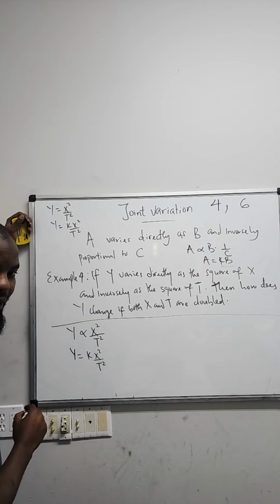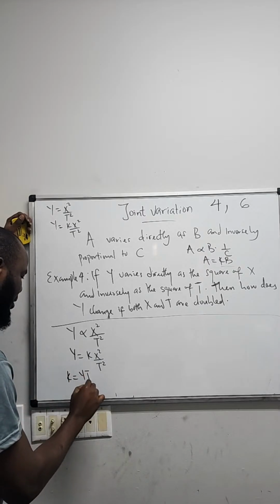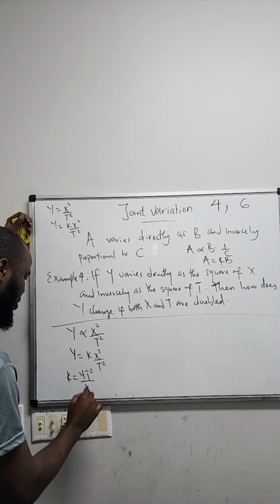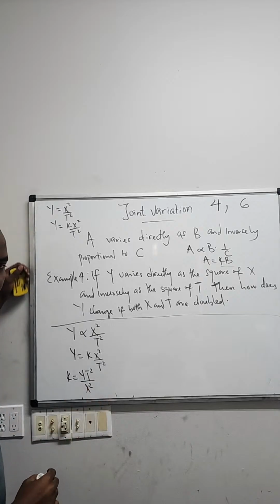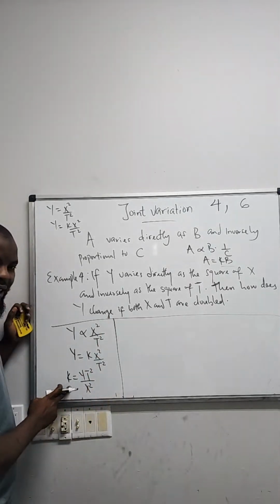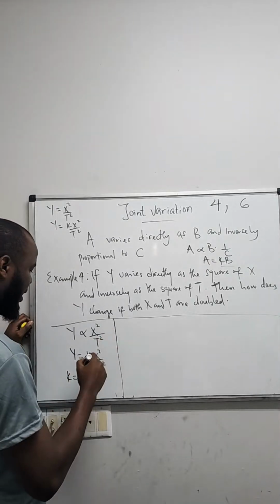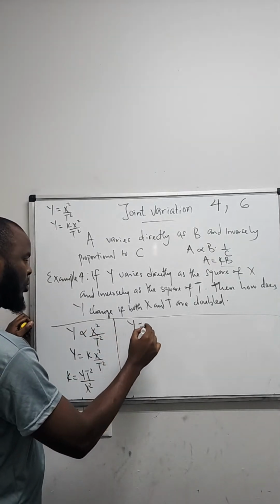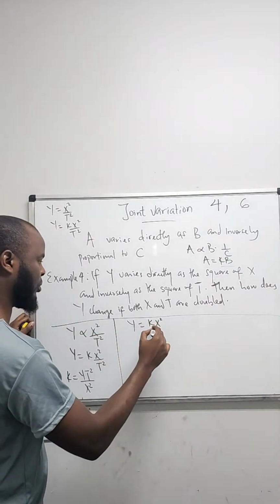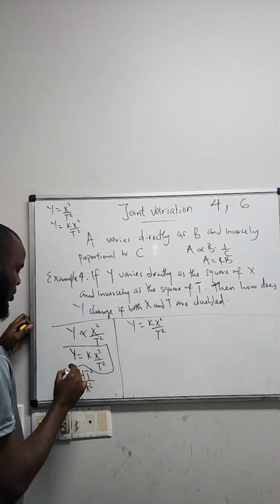What is k? Your k is going to be y t squared over x squared. Look up. This is k, right? Now let's rewrite this equation again. We have y equals k x squared over t squared. This is the most important equation we always have.